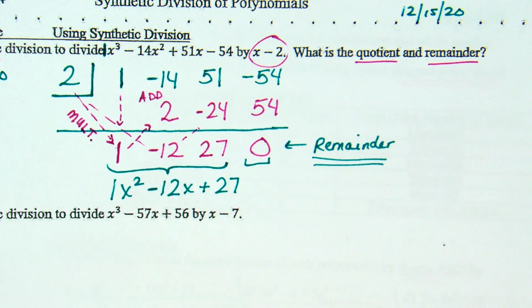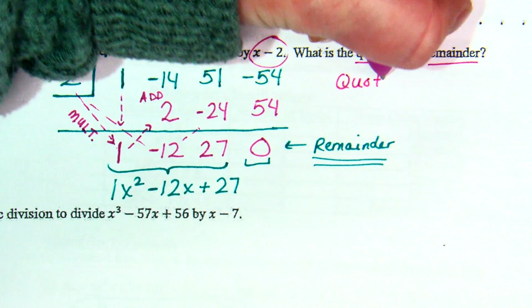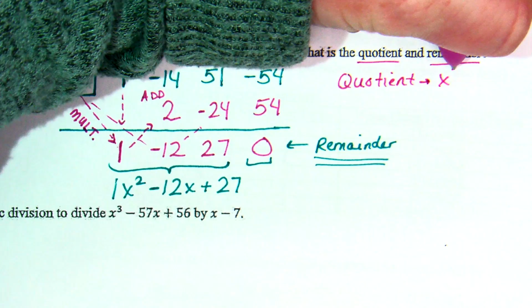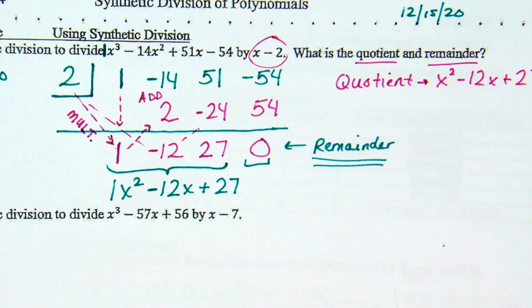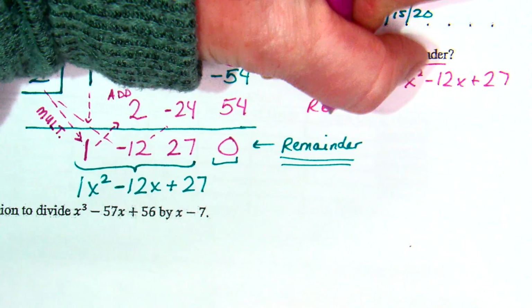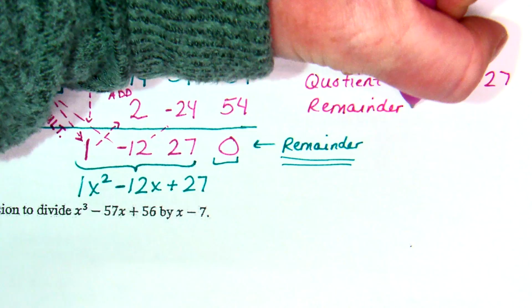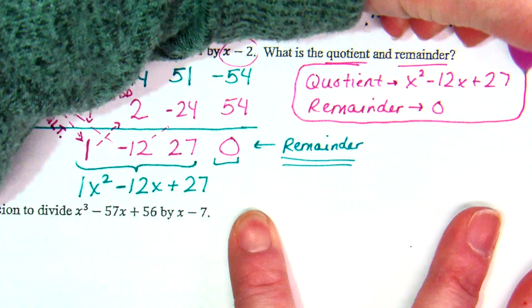Now, before I move on real quick, the question was, what is the quotient and remainder? So, what is my quotient? X squared minus 12x plus 27. And what's my remainder? Remainder of 0.